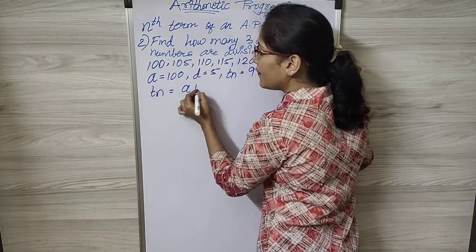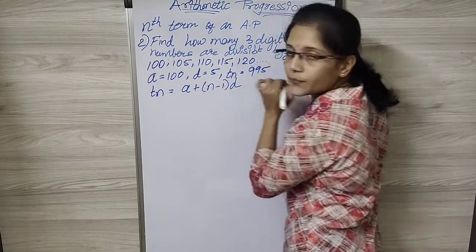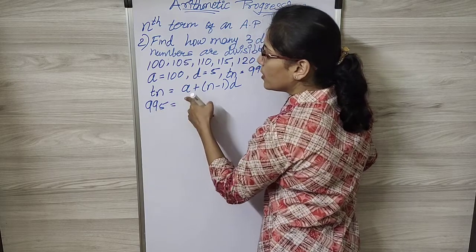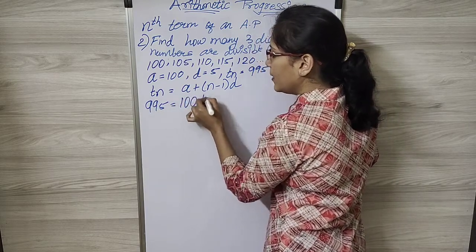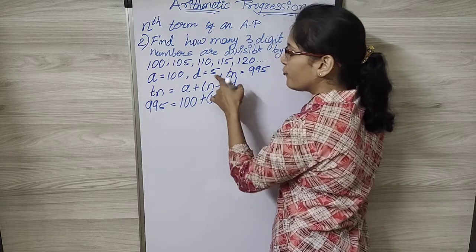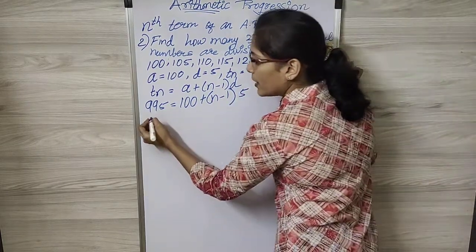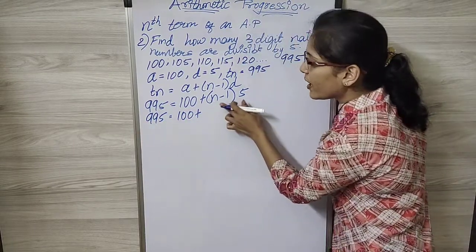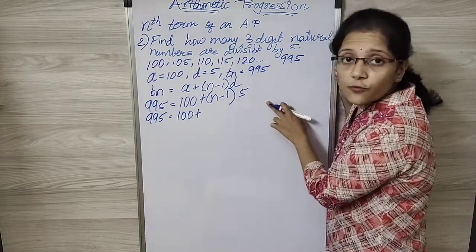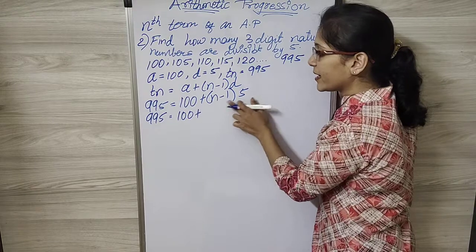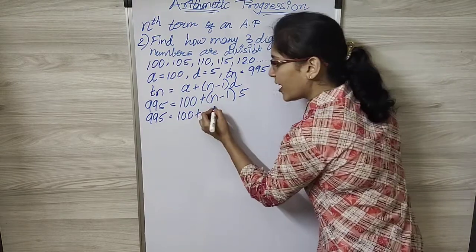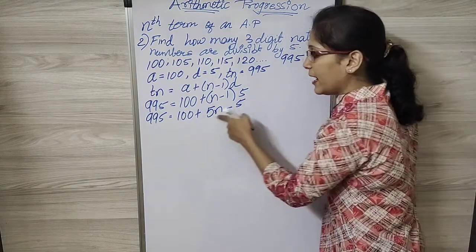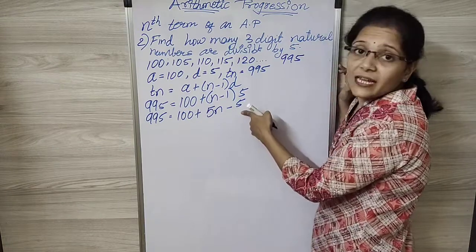Tn is equal to a plus n minus 1 d. So 995 is equal to 100 plus n minus 1 into 5. I am going to multiply with this bracket. So this becomes 5n minus 5. Now 100 minus 5 becomes 95.